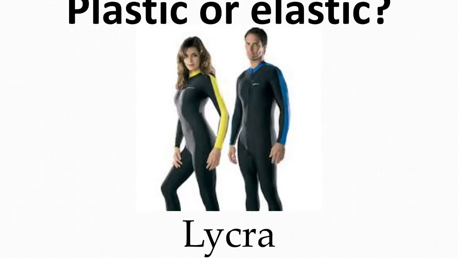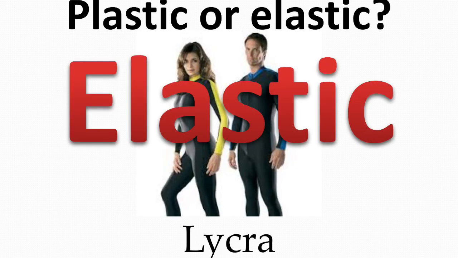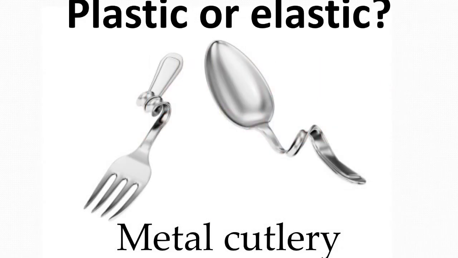What about stretchy sportswear such as Lycra? Is that plastic or elastic deformation? Lycra does spring back to its original shape, so it is elastic. Does metal deform plastically or elastically when placed under a force?